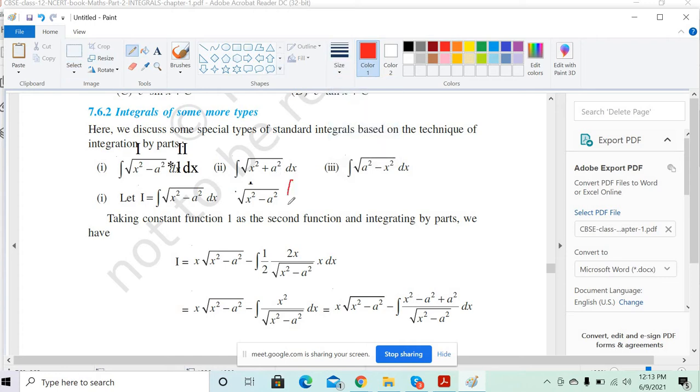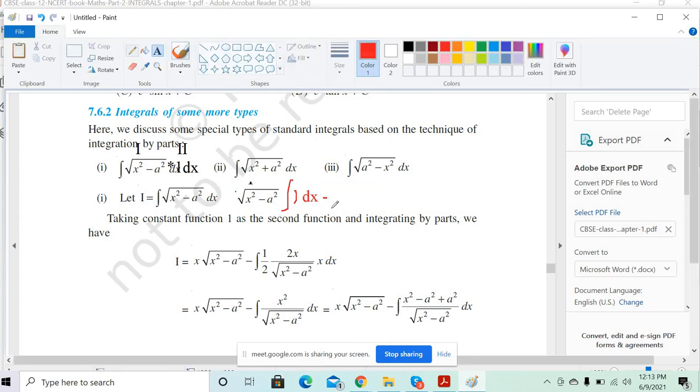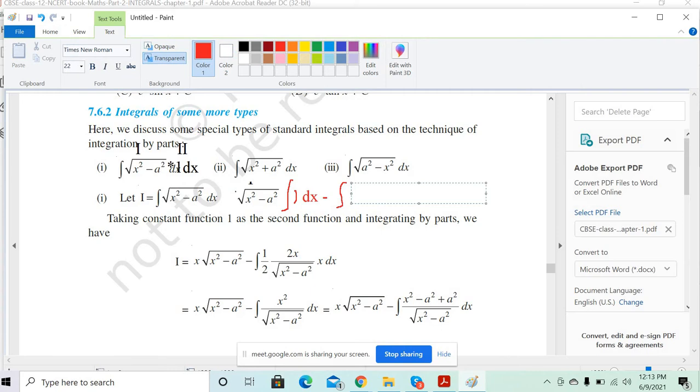Here the integration sign will come, and this will be 1 dx, because this is the second function. Minus the integration of d by dx of root of x square minus a square, correct?